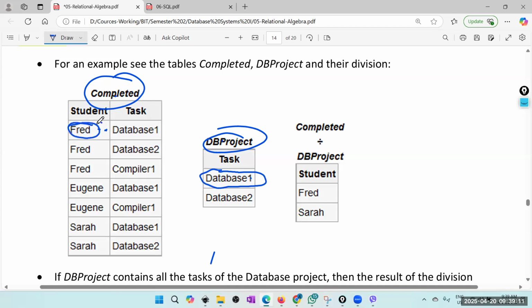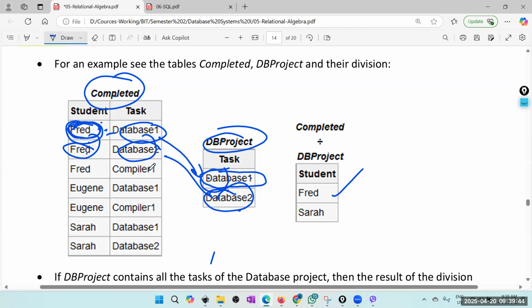Assume this is your primary key and see whether it is related to the first record here. Yes, database 1, database 1. Then see whether the same student is related to the next one. Yes, Fred is related to database 2. So that means this is common. That means Fred is doing both database 1 and database 2 tasks. It's a common guy. If it is a common guy, you take it to the outside, result set.